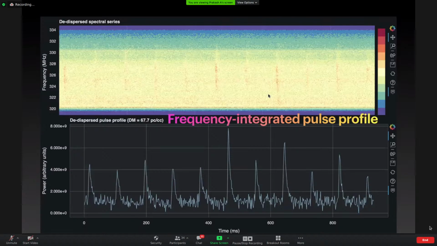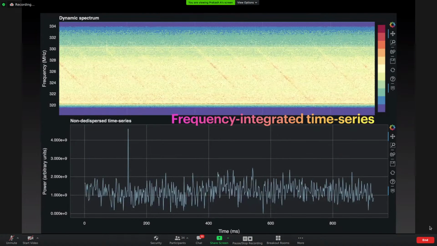You can imagine now if we hadn't actually de-dispersed it, how this particular integration over frequency would have looked. So this is, for instance, the plot of combining all the frequencies without de-dispersing. The signal is entirely smeared out because of these long dispersion curves in frequency.